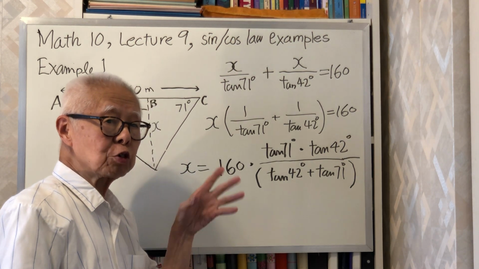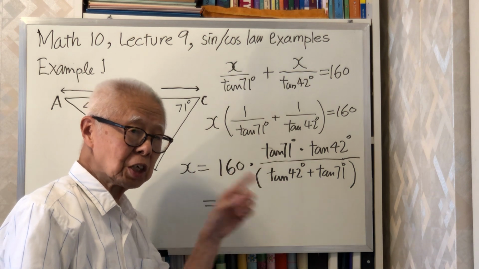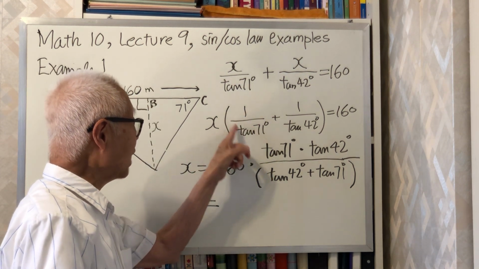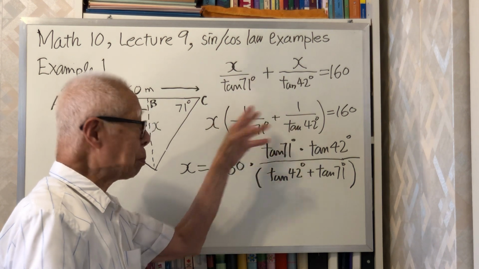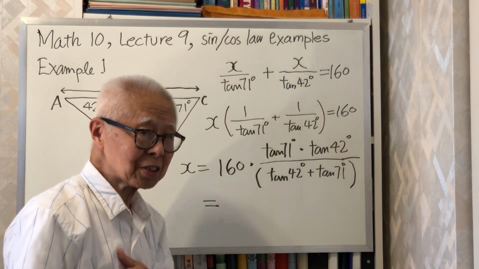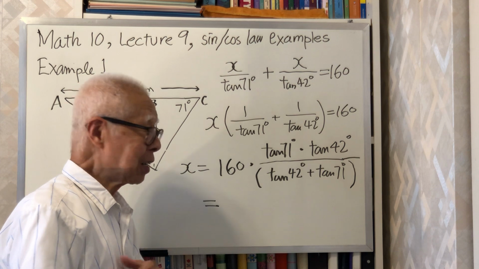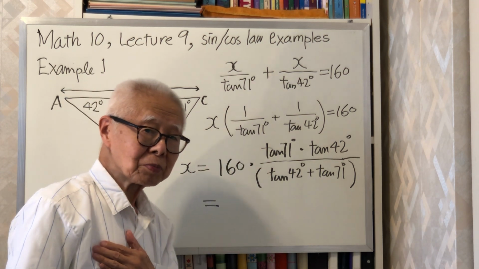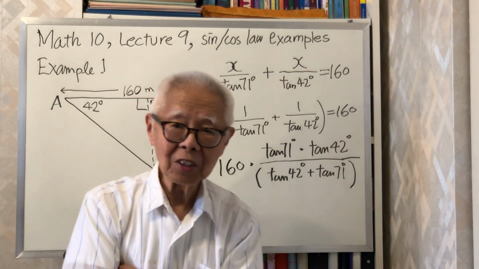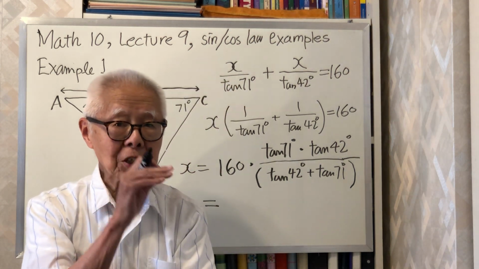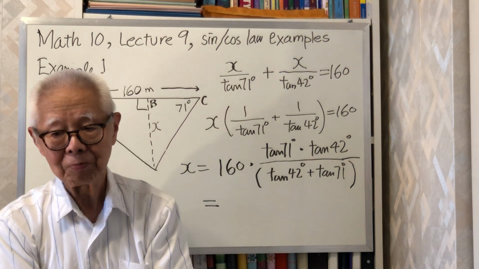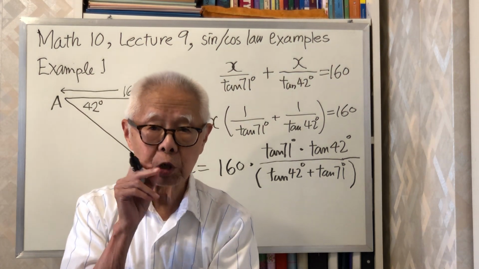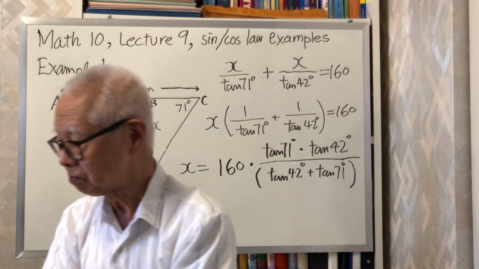I recommend you do the calculation in this way, in one step. You don't need to write down all the numbers and then proceed. Don't do that. What's the advantage? You get all the decimals from your calculator. It's the most accurate way of doing calculation.